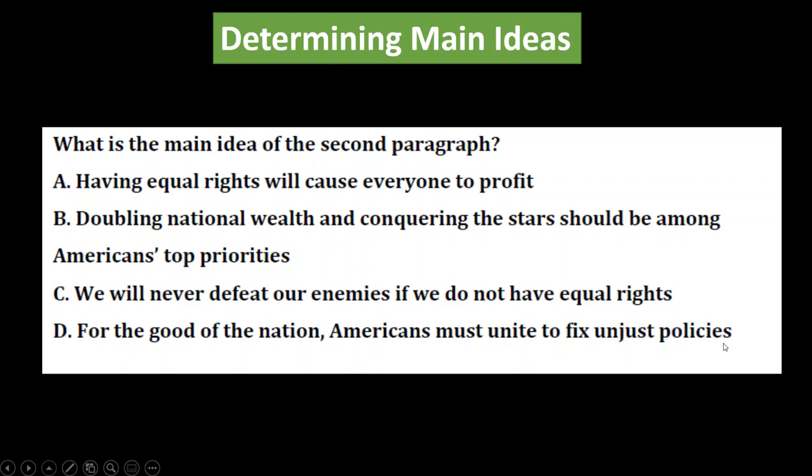The text is talking about American democracy and how citizens behave and benefit from their rights. So what is the main idea that the second paragraph is talking about? We need to read the text and see which could be the best main idea of this passage.